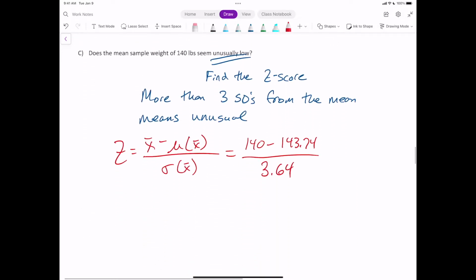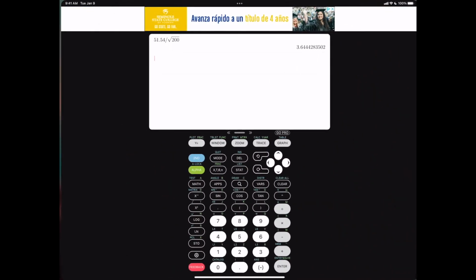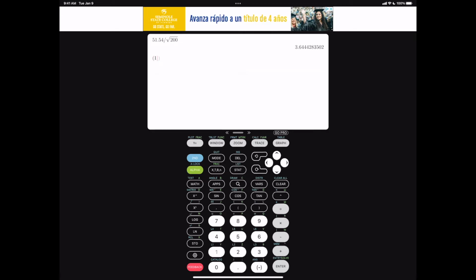All right. So now I will show this on camera. Let me calculate this z-score. All right. So I'm going to do open parentheses, 140 minus 143.74, and then divide that by 3.64, our standard deviation.